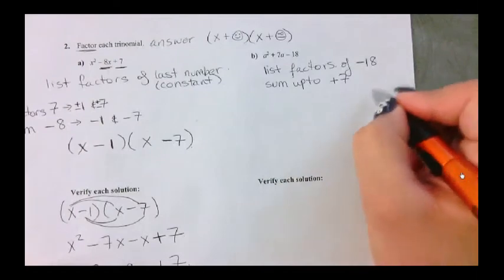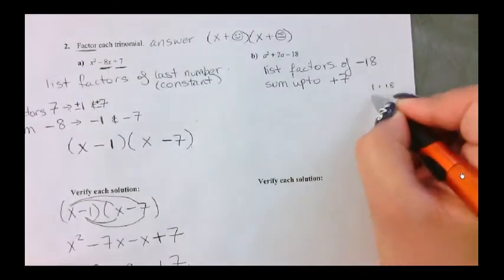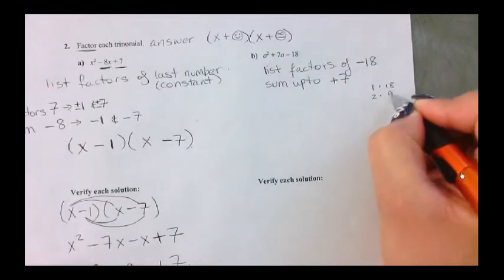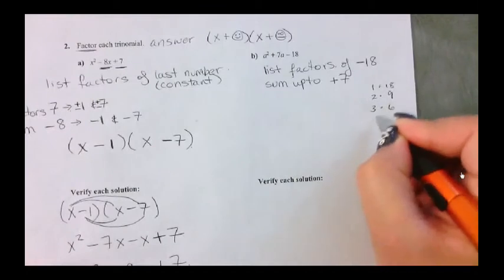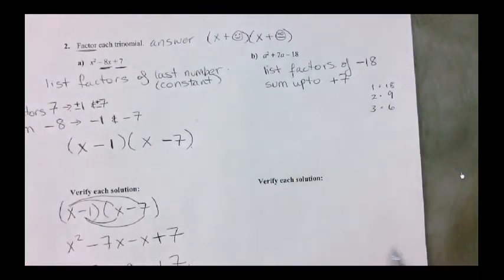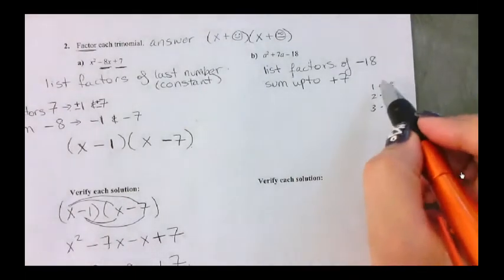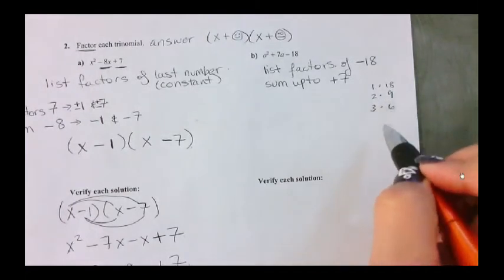All right? So 1 and 18. 1 times 18, 2 times 9. If I think I get to 1, I can stop. 3 times 6. Is there 4 or 5? No. And then 6, I get back to 6 and I run up the list again. Okay, so these are all the factors that give me 18.